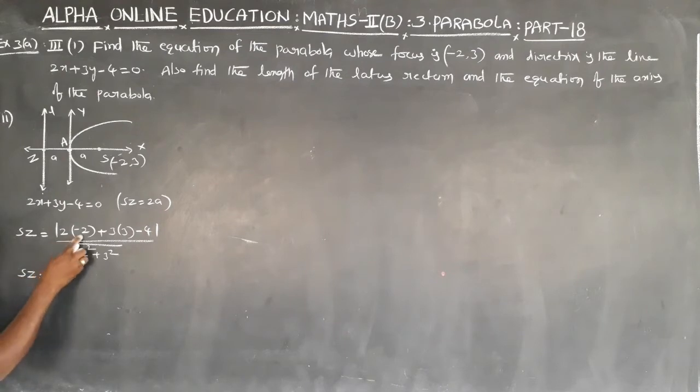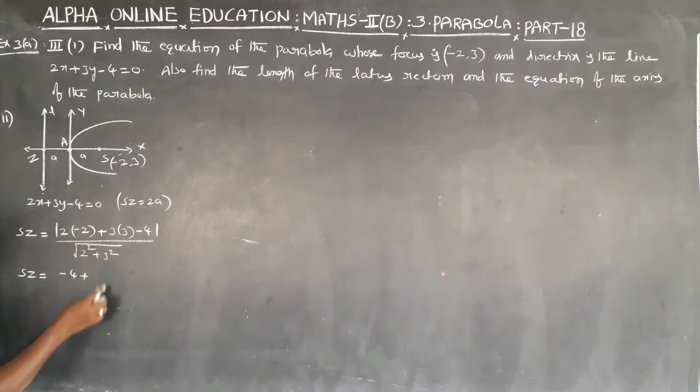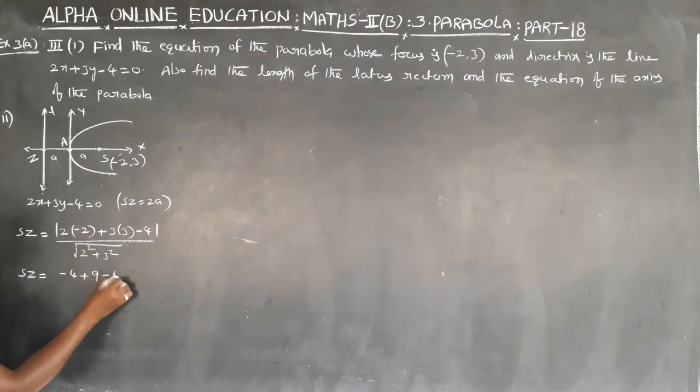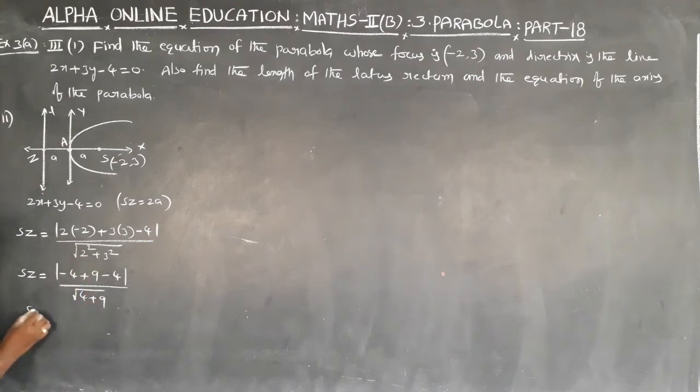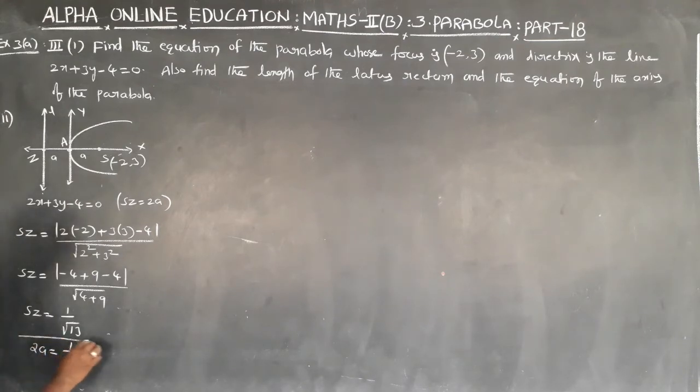SZ is equal to 2 into minus 2 minus 4 plus 3 threes are 9 minus 4, whole divided by under root of 2 square 4, 3 square 9. SZ is equal to minus 4 minus 8 plus 9, 1 by root 13. So SZ is equal to 2a is equal to 1 by root 13.